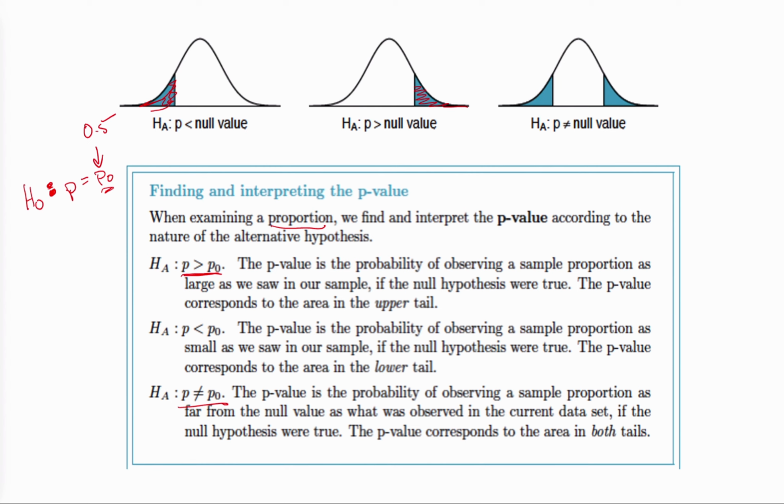And if your alternative hypothesis is that the true proportion is different, but you don't care which direction, that's a two-tailed test. And so what you can do is, if your z-score is positive, you do the positive part. If your z-score is negative, you do the negative part, and then you multiply it by 2.